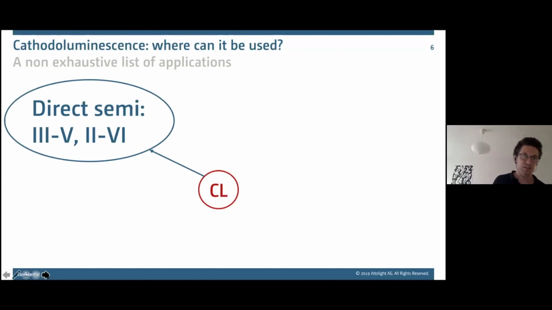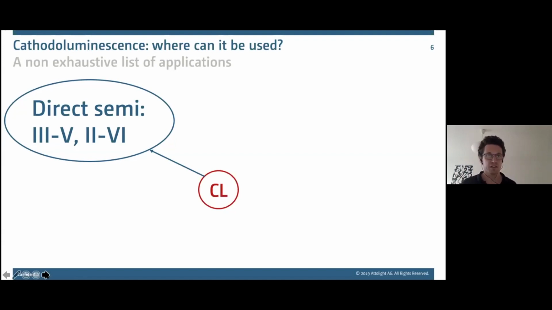So the first topic is direct semiconductors, typically III-V materials and II-VI materials. I'm talking about gallium nitride, gallium arsenide, indium phosphide, zinc oxide, cadmium telluride. This is really bread and butter for this technique. You can really show a bunch of things very easily.